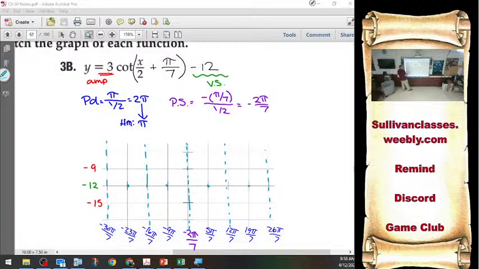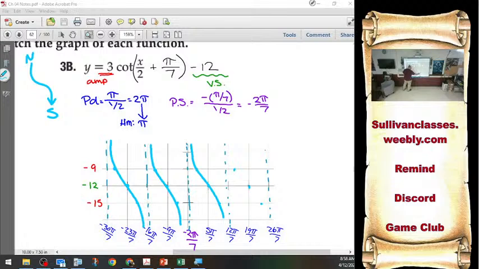And because it's positive cotangent, we'll go from north to south. Up, middle, down, up, middle, down, up, middle, down, up, middle, down. Connect the dots. There you go.